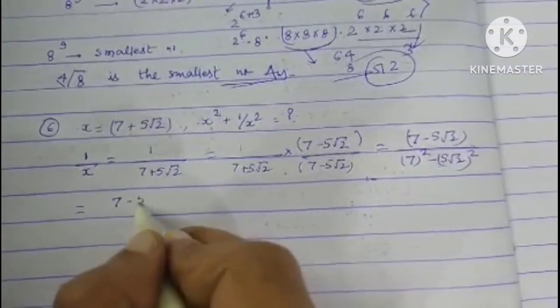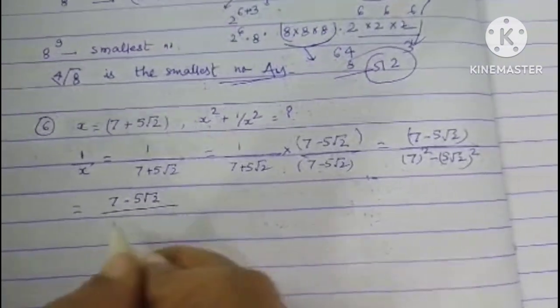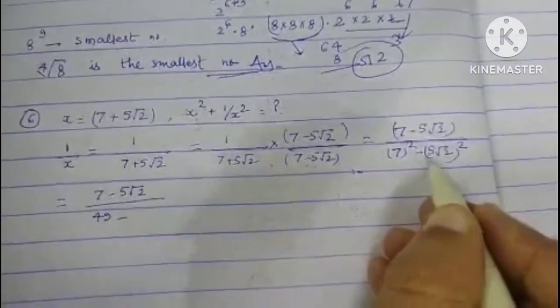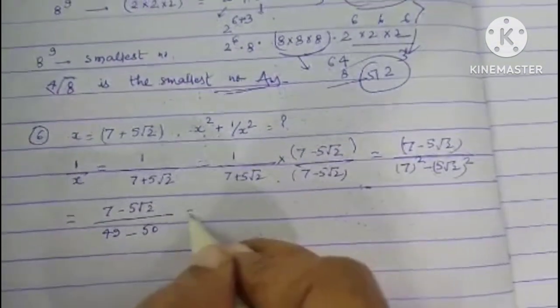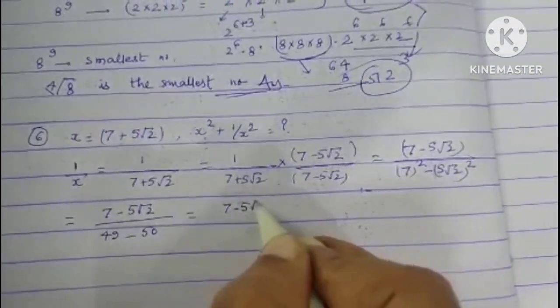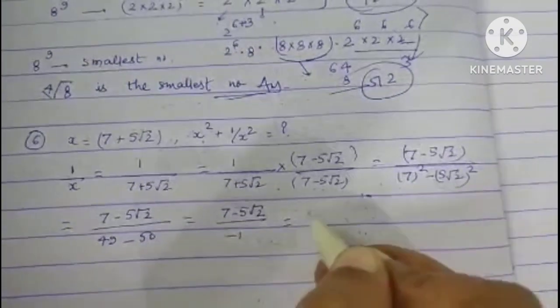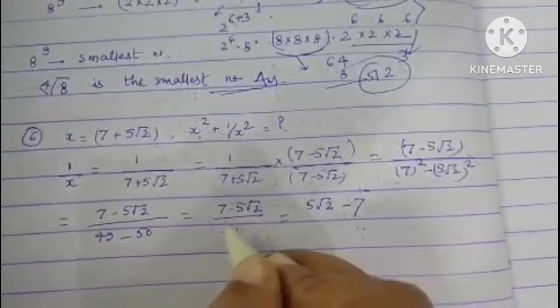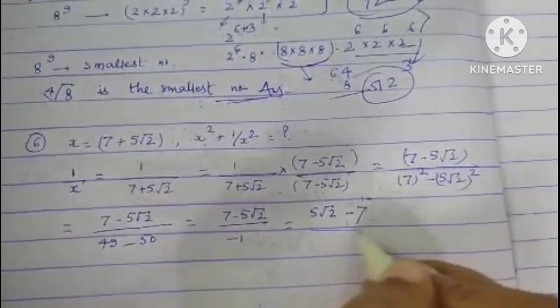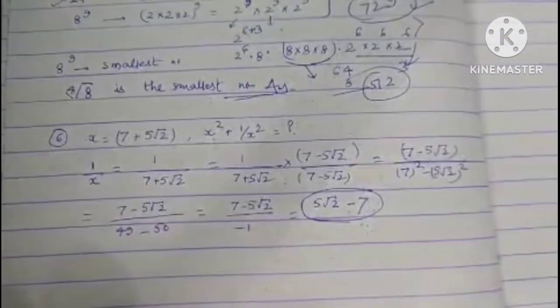So this will be 7 minus 5 root 2 divided by 49 minus 5 5 are 25 and 2, so 50. So 7 minus 5 root 2 by minus 1. So you can write it 5 root 2 minus 7. This minus will go, minus minus plus. This is 1 by x.